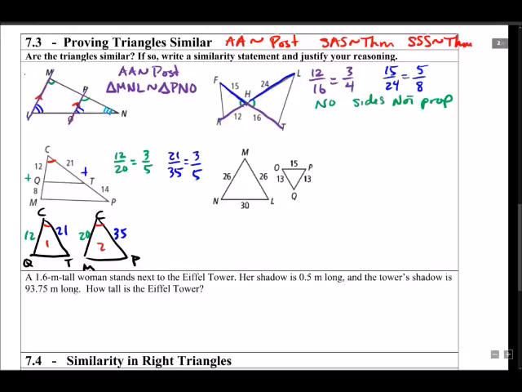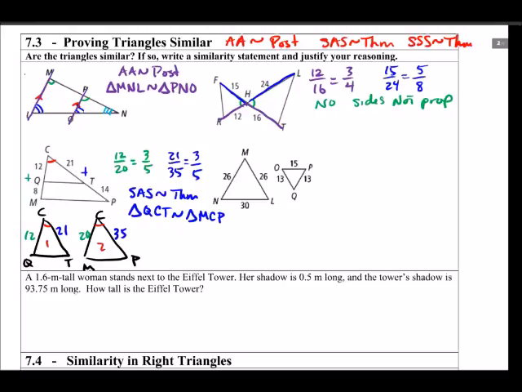Woohoo! They're proportional. So we have the side angle side similarity theorem and triangle. I'm going to start here on the left. QCT is similar to triangle MCP.